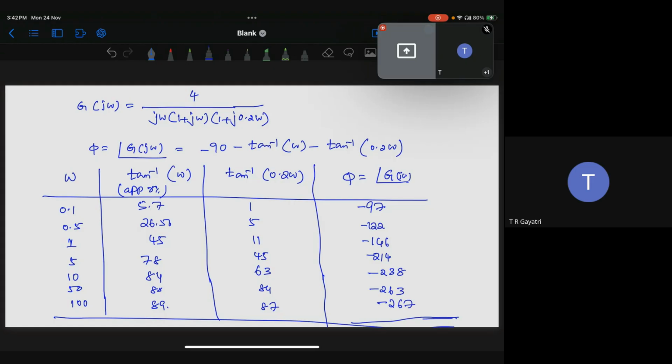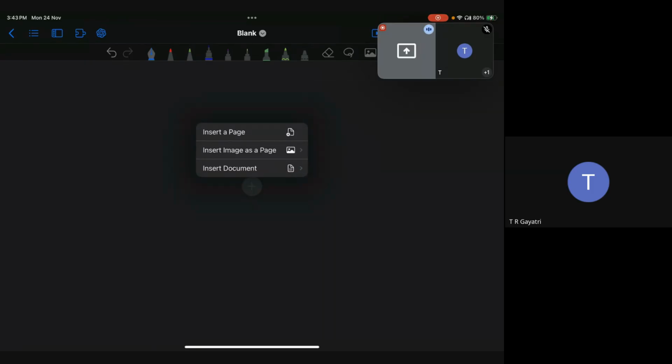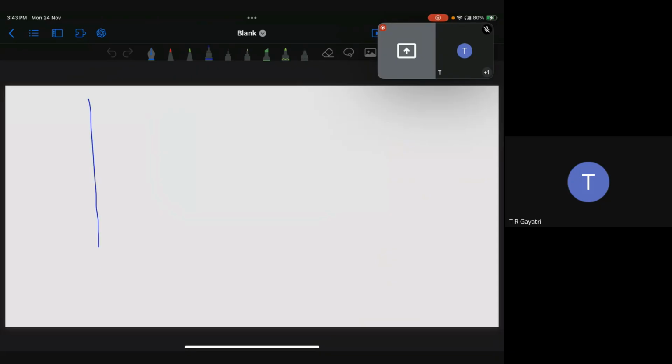So these are all approximated values, not exact values. So now you can plot them here. These are all our minus values. So omega: this is 0.1, 0.5, 1, 5, 10, 100.